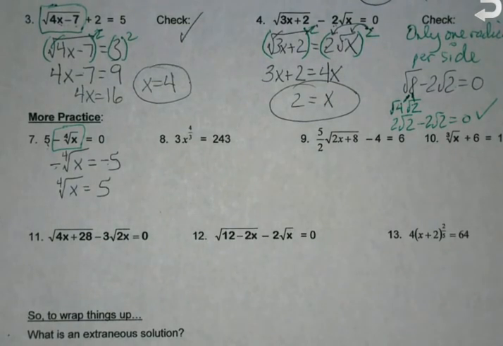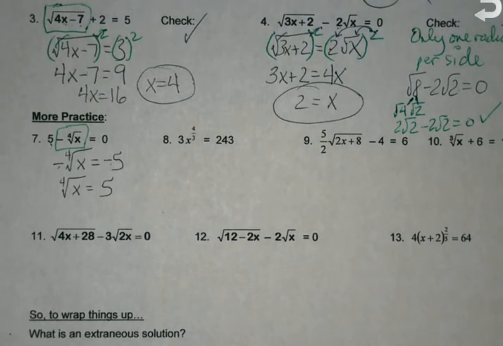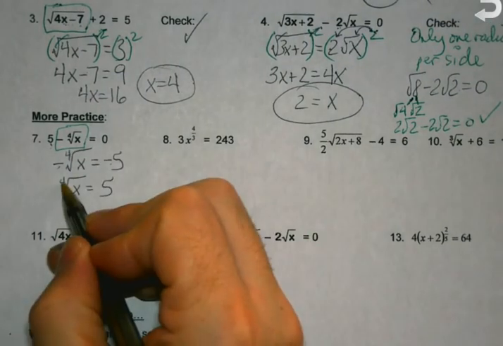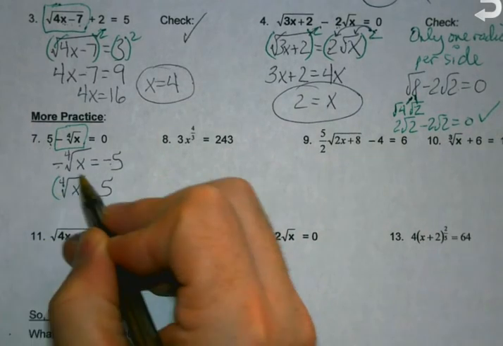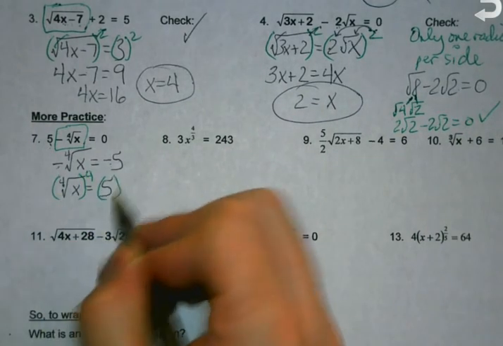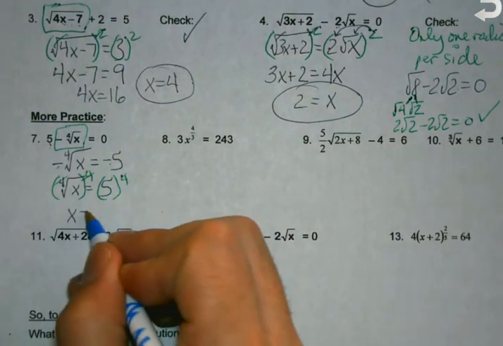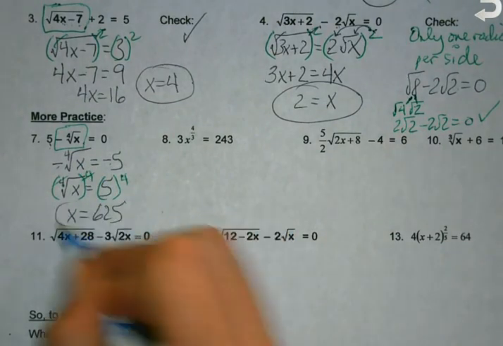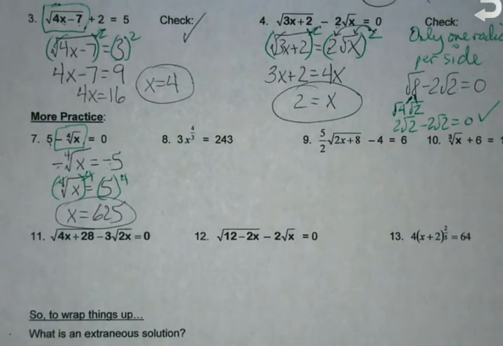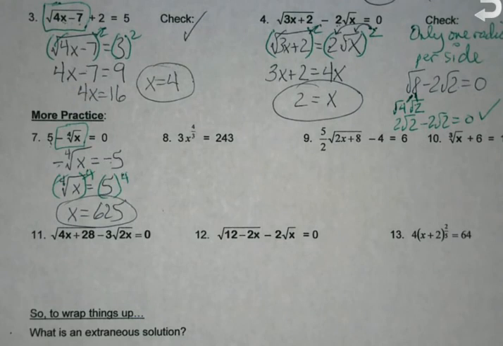You're like, but Harty, we haven't dealt with fourth roots before. We've done cube roots, we've done square roots. How are we going to deal with this? Yeah, whatever your root here is, just take it to that power. 5 to the 4th power is 625, and I'm good. And that's going to be the biggest thing for some of you on these, is just basically being cautious.